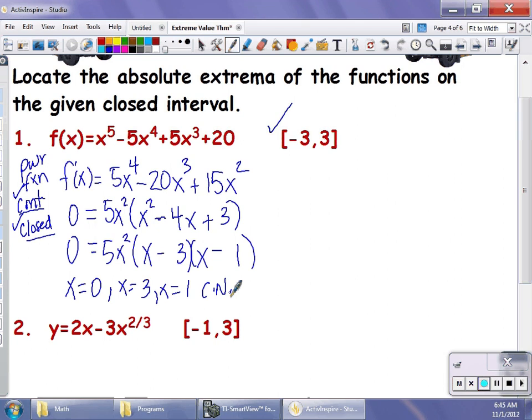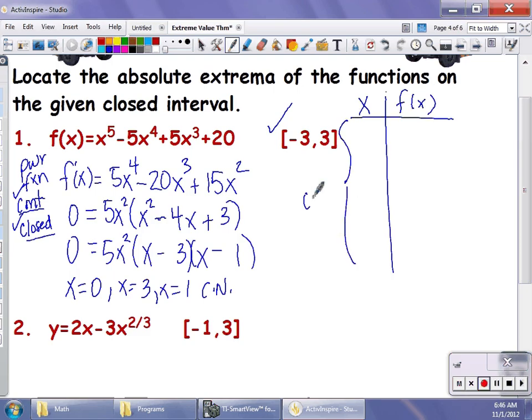So I have identified all of the candidates for absolute max and min, so I'm going to create a table. So here's x, here's f of x. Over here are the candidates for winning the prize of absolute max and absolute min. I'm going to put them in numerical order.